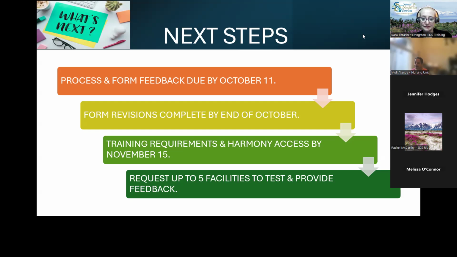The review part will now live with the LTC facility accepting the patient. They will review to make sure that the form is completed, accept the admission, and proceed.